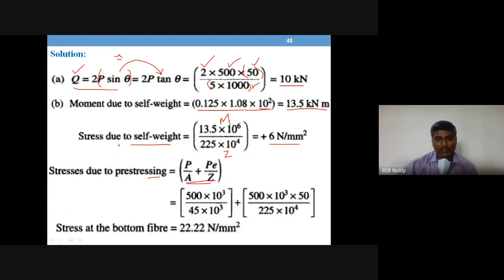So you have to use plus here. P by cross sectional area, P into eccentricity, we are working out the center section, so 50 mm is the eccentricity, by Z. So that is around stress at bottom 22.22. Okay, is the stress value.